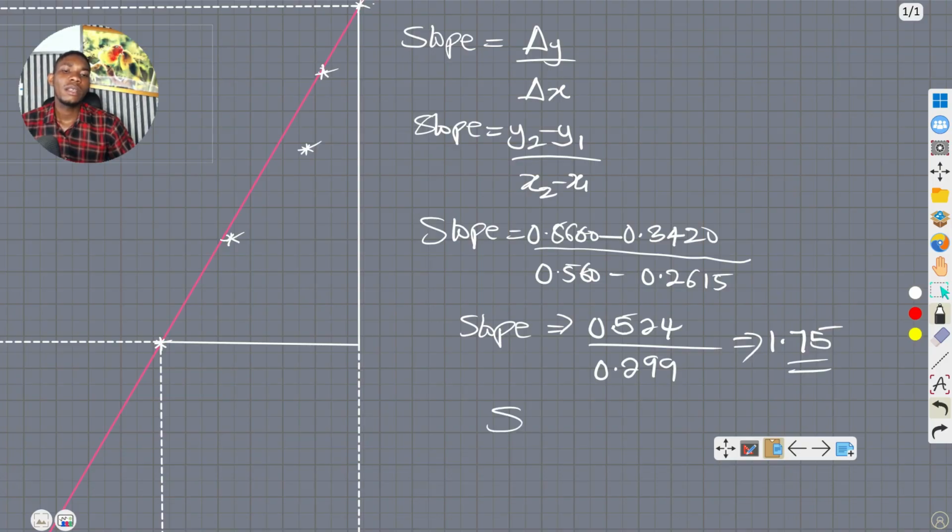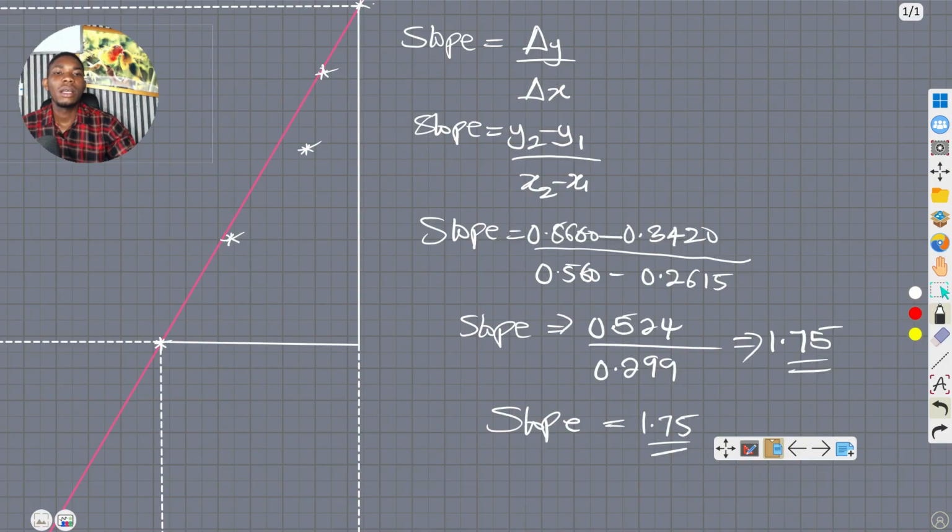So this is our slope, and it also gives us information about the refractive index of the glass, which is 1.75.